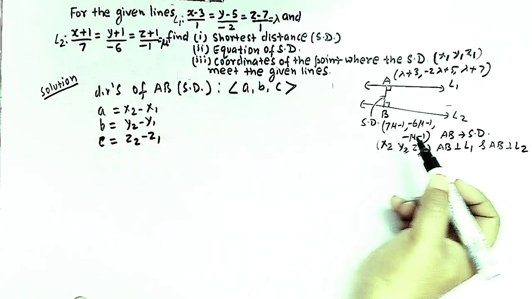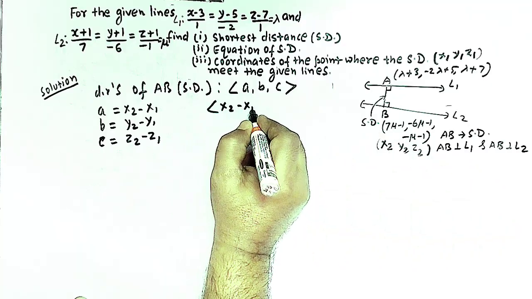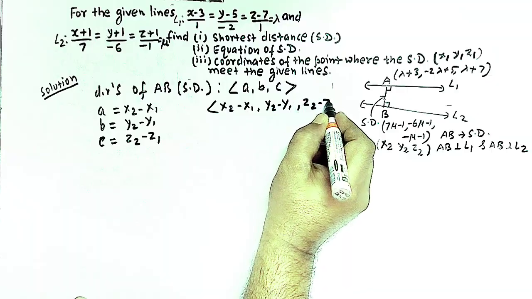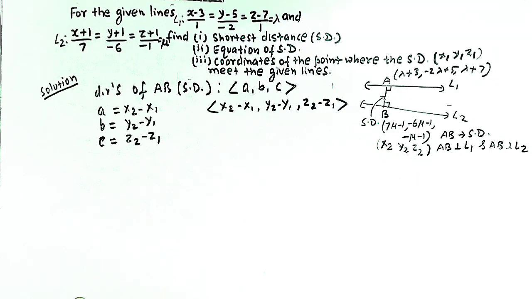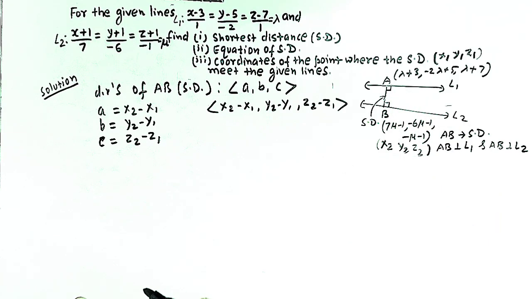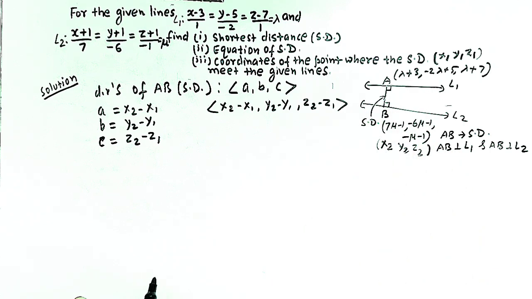So the direction ratios of AB are given by x2 minus x1, y2 minus y1, and z2 minus z1, because we know that when we have 2 points on a given line, then we can find out the direction ratios by subtracting the two coordinates, right?